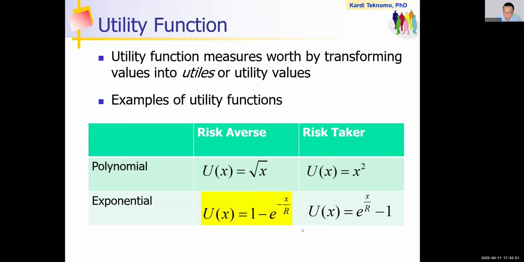The one that I highlighted here in yellow is the one that we will use. If I don't tell you in the exam or the quiz what utility function to use, you can use this yellow exponential, or risk averse. Is that okay?